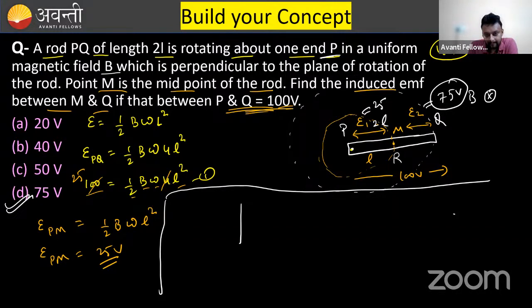This is a rod placed in a uniform field B, length is L, and it is moving with some velocity V, like this. How much EMF will be induced in this rod?